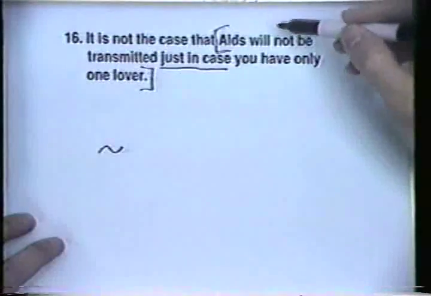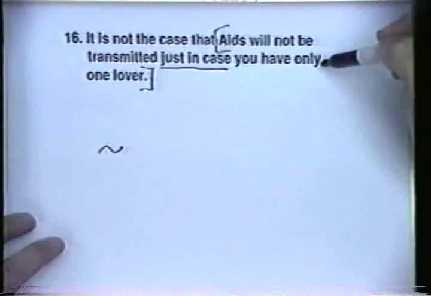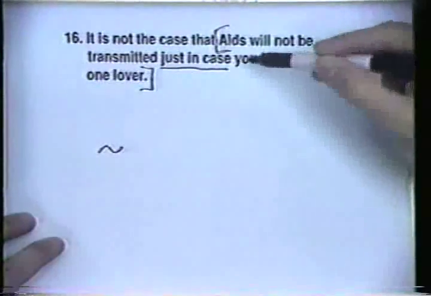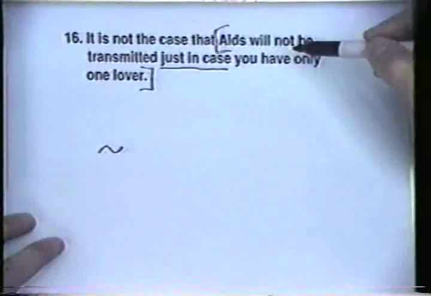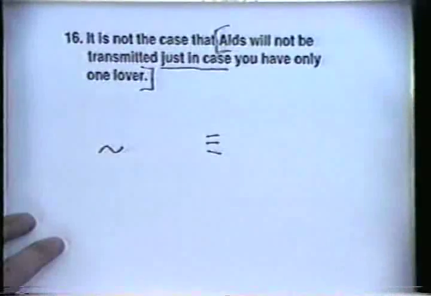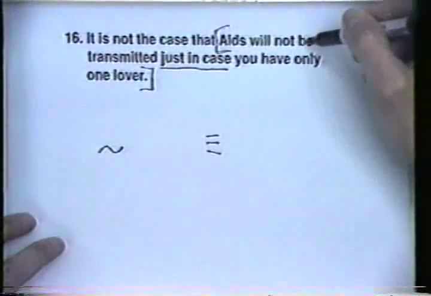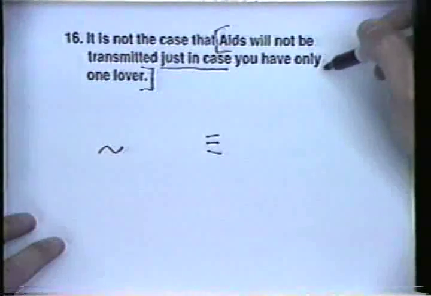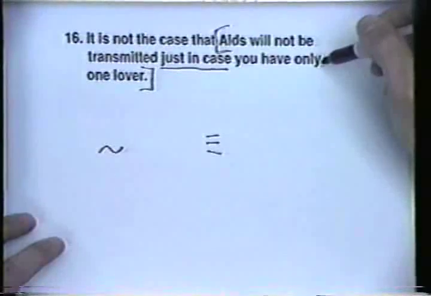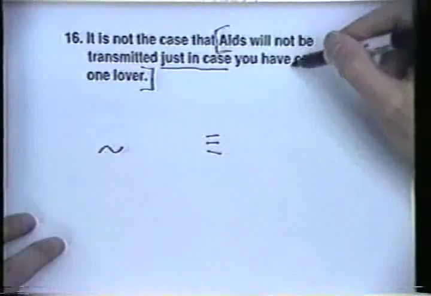It's bringing together the proposition that AIDS will not be transmitted with the proposition that a person has only one lover. Just in case, you'll remember, is translated as the biconditional. It means if and only if. In other words, this sentence, AIDS will not be transmitted, has the same truth value as the sentence that you have only one lover. So now we simply need to symbolize those internal sentences.